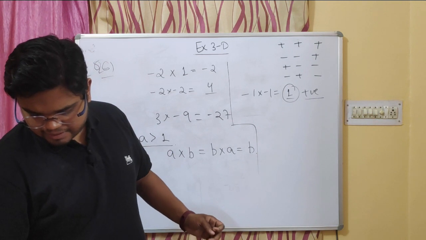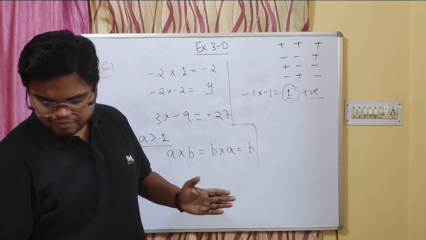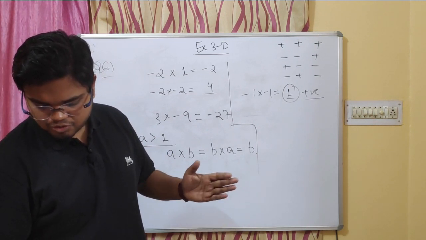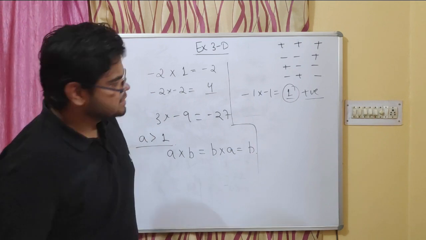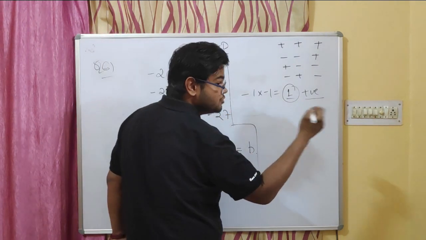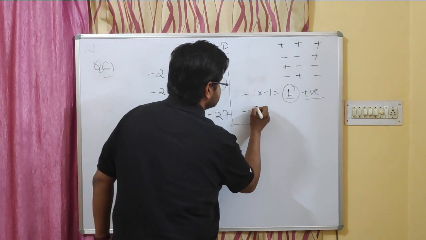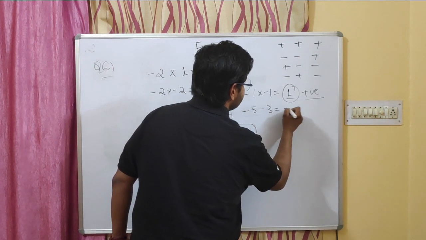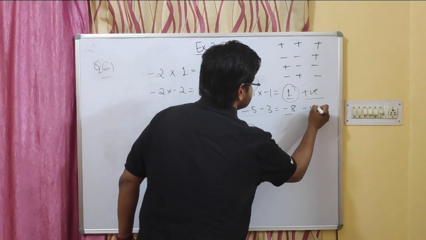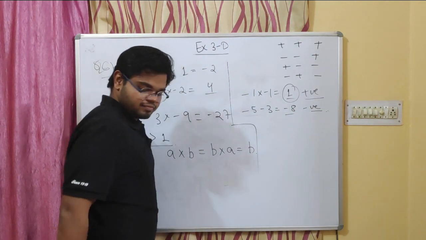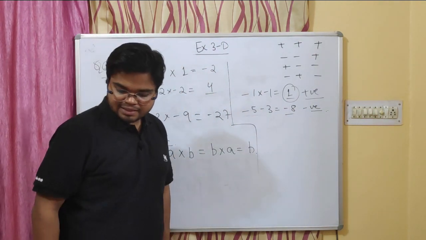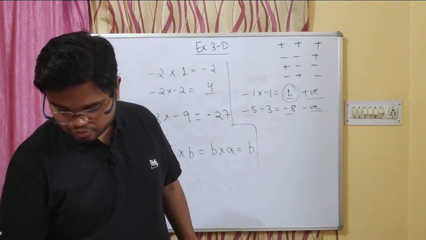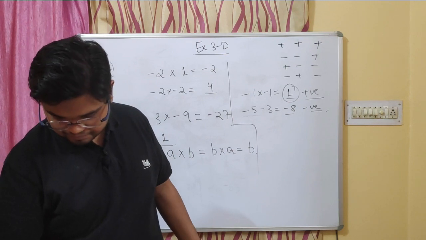The sum of two negative integers, minus 5 minus 3, will be minus 8. So this is negative.